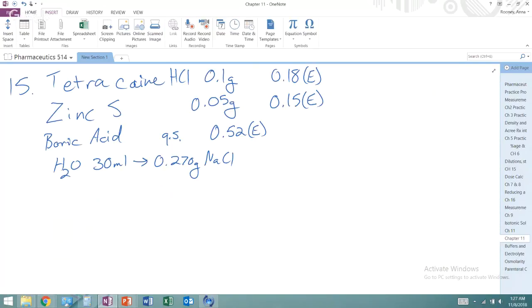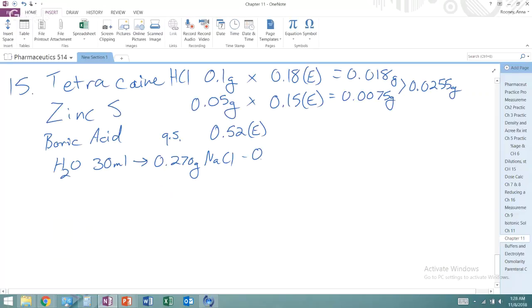So we want to multiply these two by each other, and you find that this is 0.018 grams sodium chloride equivalent, and then this is 0.0075 grams sodium chloride equivalent, and you add these two together and you find that it is 0.0255 grams, and you take it from this, because that's the amount that you would need to take it to isotonic.